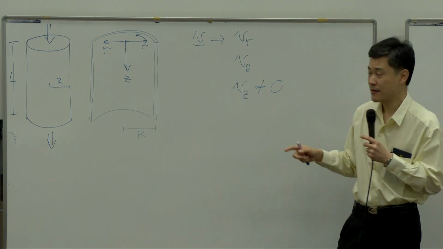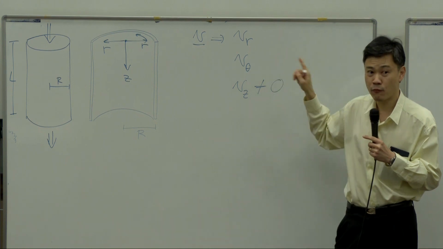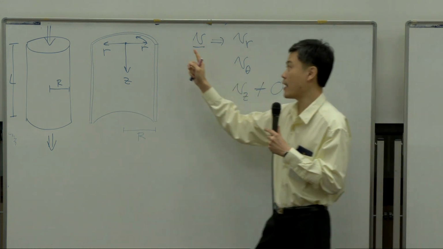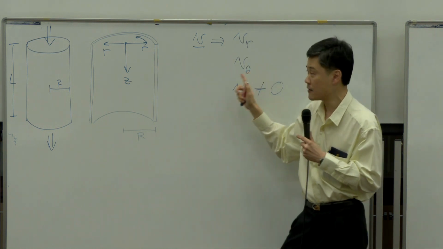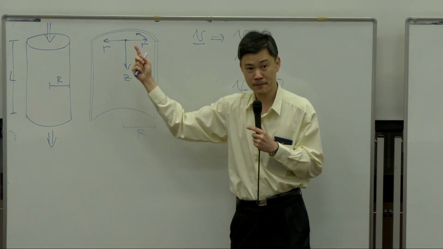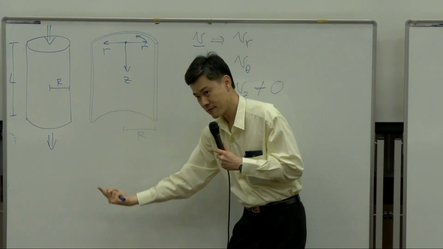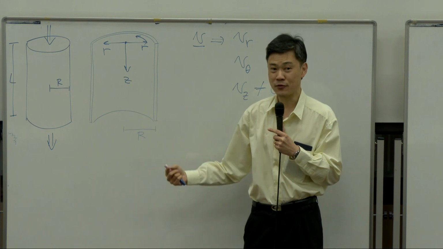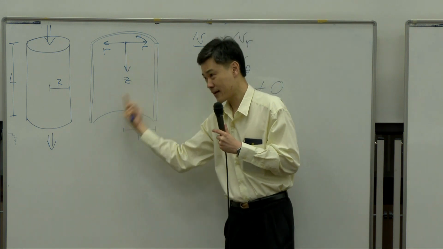Now think about this. If v theta is not zero, what would the flow look like? It has to go around in theta direction. So if that is v theta, the fluid must go like this, right? What about if the fluid goes like this? Just like when you flush in the bathroom in the morning, it goes like this, right?